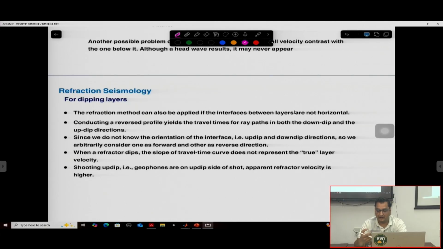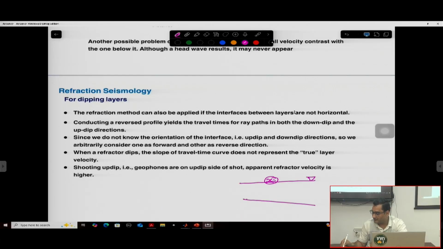What is the down dip direction? Suppose you have your surface and there is some layer that is dipping, maybe like this. This is your source here, and here you have a receiver. If your receiver is in the down dip direction from the source, then it is the down dip direction.